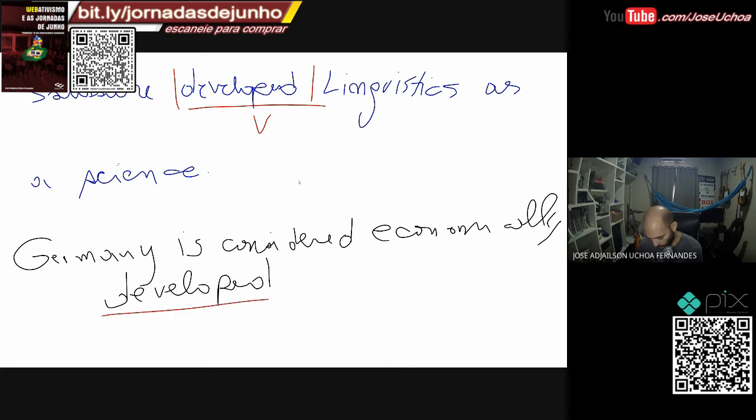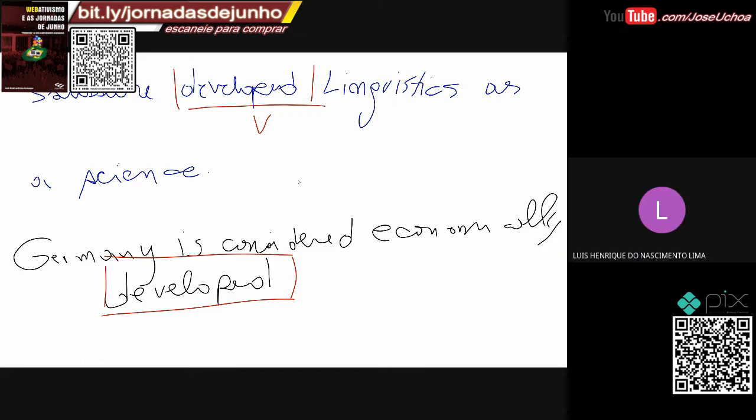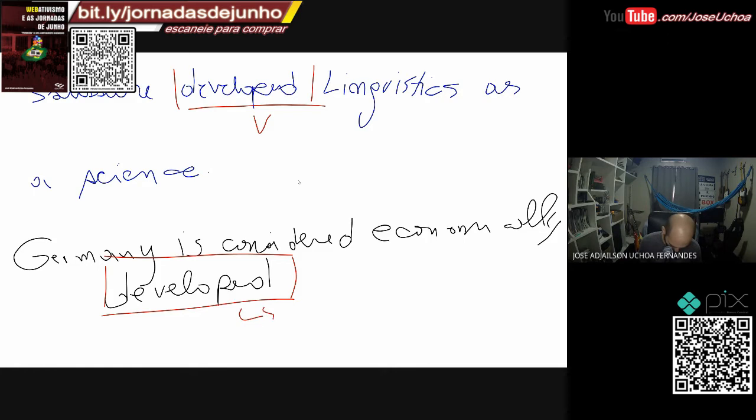Okay. What is the function of developed here? Adjective. It's an adjective. But as you can see, both of them end in a final ed. A verb and an adjective ending with what I call apparently, and take this word apparently, as the same morpheme.